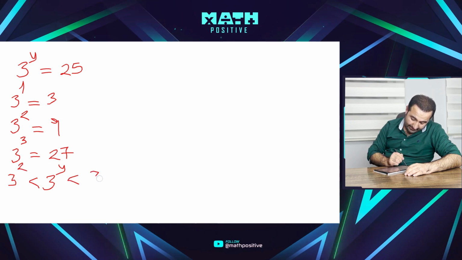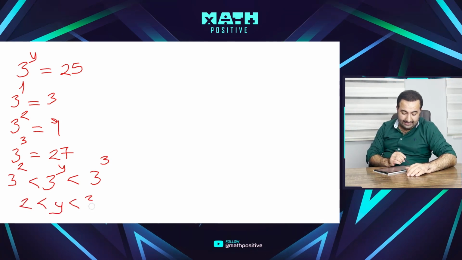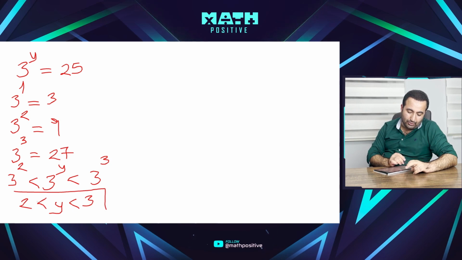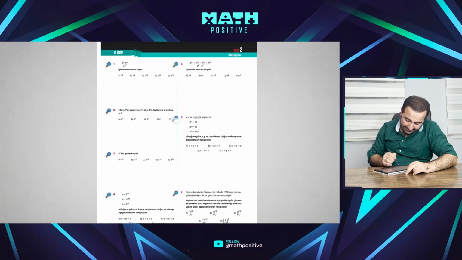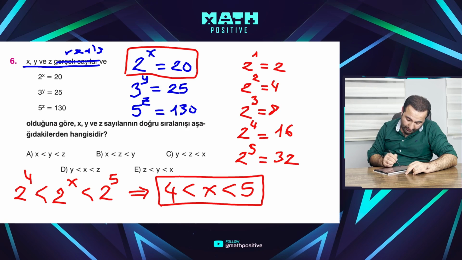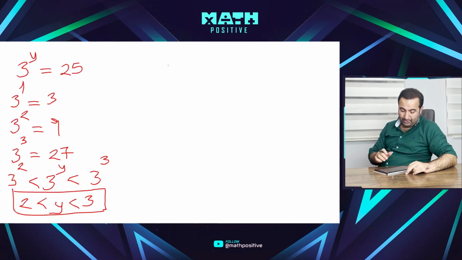And 3 to the power 3 is 27. Since 3 to the power y equals 25, we have 3 to the power y is between 3 squared and 3 cubed. So y is between 2 and 3. This is our second solution.